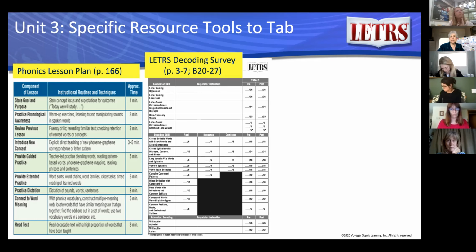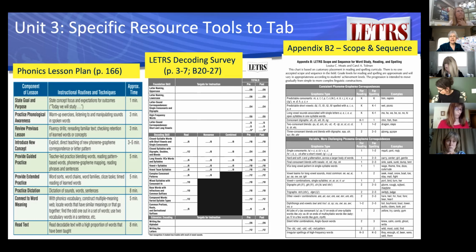The page that you're seeing on the slide related to the decoding survey is how one collects data after administering the survey. We'll do a brief connection to what that can be used as a vehicle of thinking about where your entry point might be in a phonics lesson.